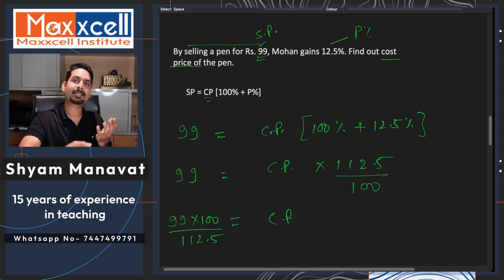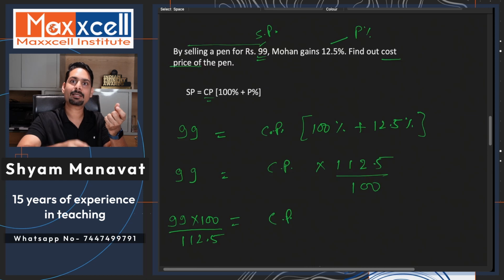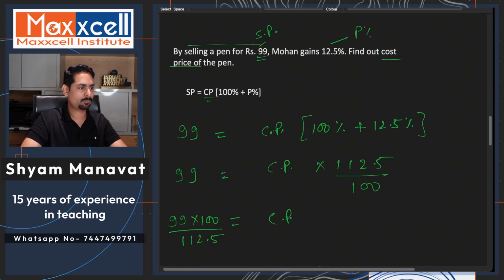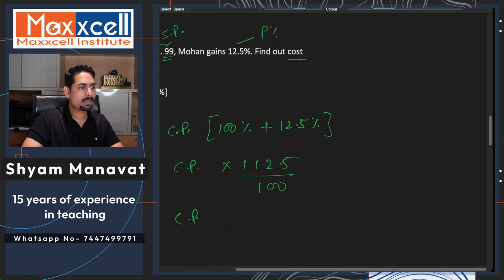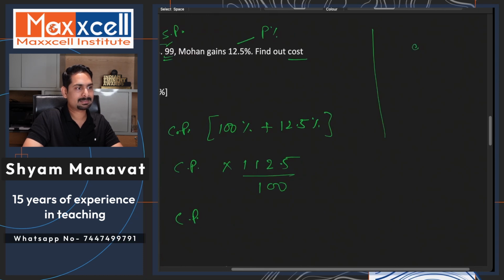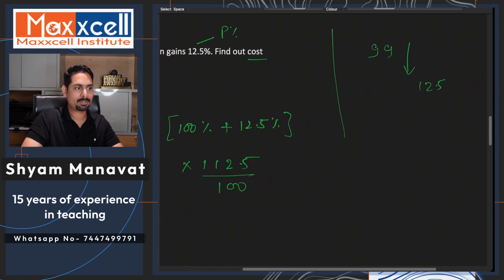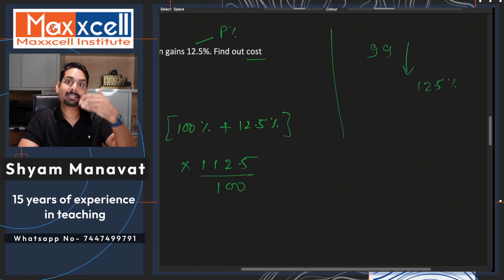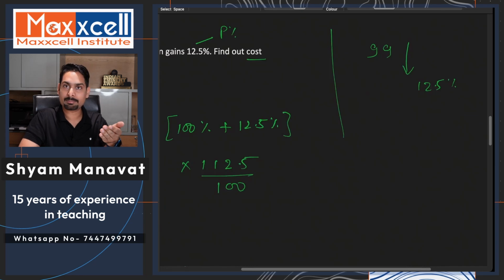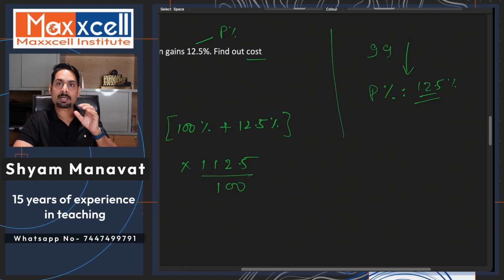So why don't we directly decrease this 99 by 12.5%? What is their confusion? We decrease this 99 by 12.5% because we got this 99 after increasing by 12.5%. That's a profit percent, right? Are you getting what I'm trying to say?